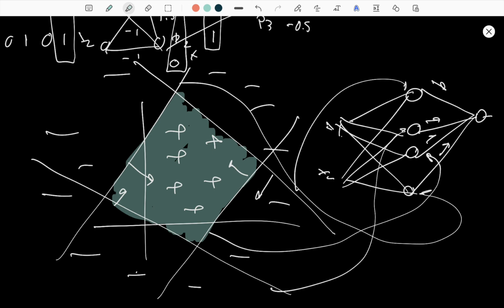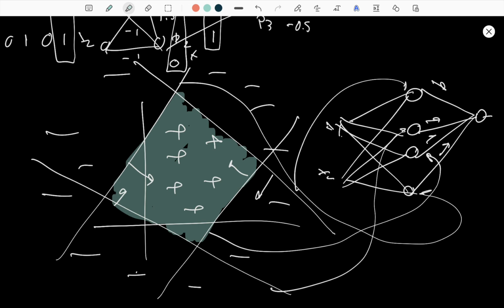Okay, so in the next video clip, of course, we design this perceptron. We design the weight. We design the position because we know where is the positive and where is the negative area, right?